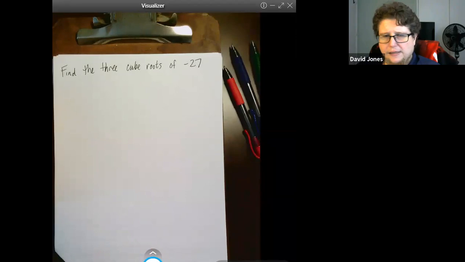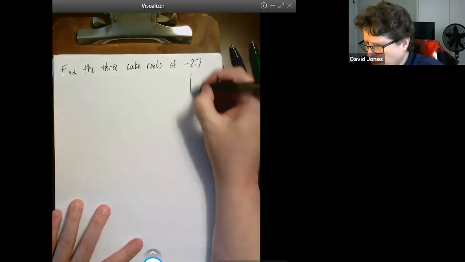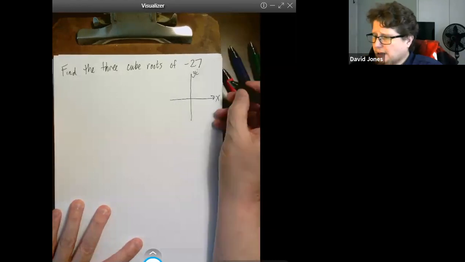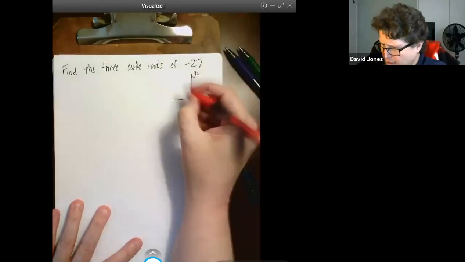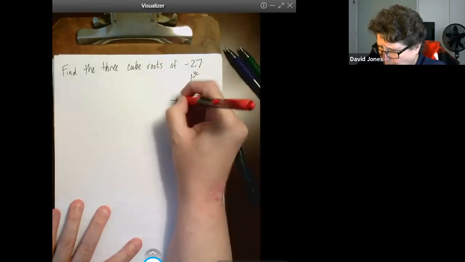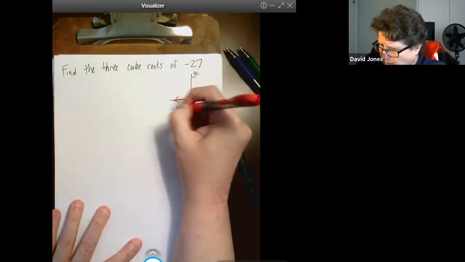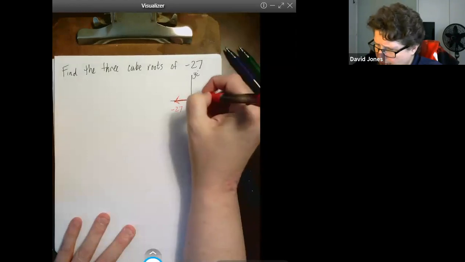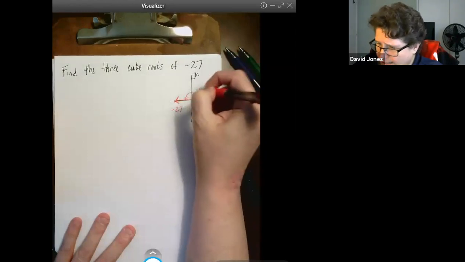What we need to try to do is write negative 27 in complex form and then in trig form. Well, in the complex plane, we've got x and yi. Negative 27 is due left. This looks like it's making an angle of 180 degrees.